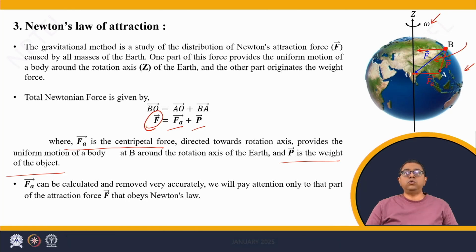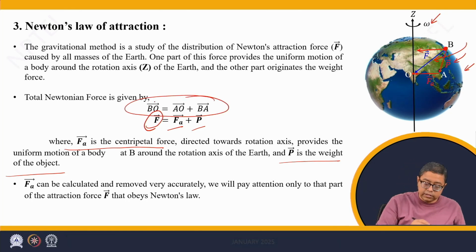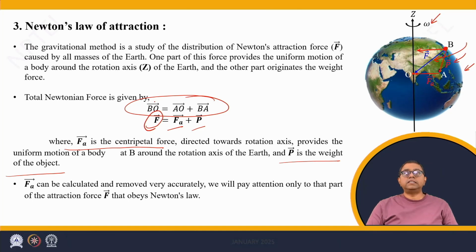This is the total Newtonian force. P is the weight of the object. Vectorially, this diagram can be represented as BO vector equals AO vector plus BA vector.